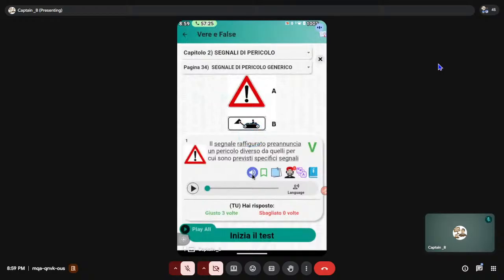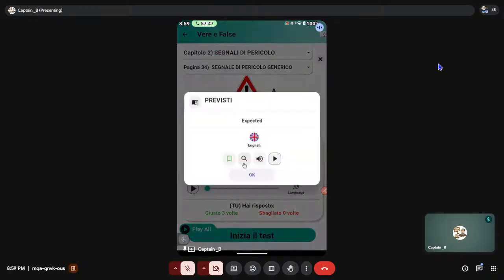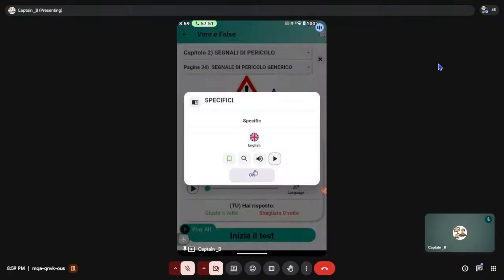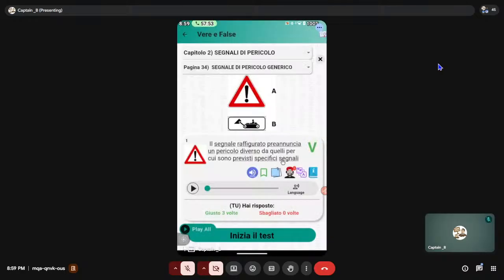Il segnale raffigurato preannuncia un pericolo diverso da quelli per cui sono previsti specifici segnali. He said this sign is announcing a danger different from those for which specific signs are provided.